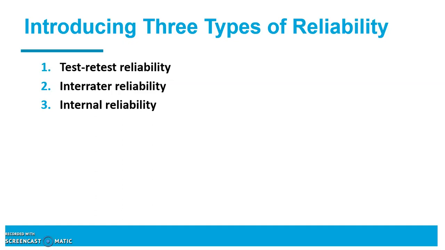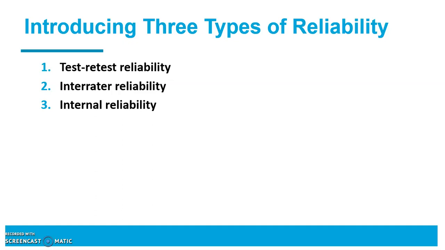Test-retest reliability is when you use the same instrument to measure something on the same subject twice, like an IQ test, time 1, time 2, then for the same subject it should be about the same both times. Maybe it's going to wiggle a little bit, but if it's a reliable measure, then it's not going to be a big difference between those two.